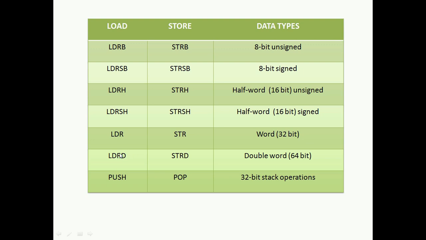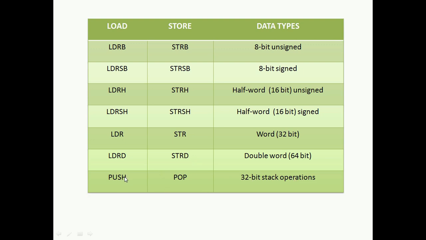Now if the suffix is capital D, it corresponds to double word, that is 64-bit, which is not supported by ARM Cortex M3. Next, push and pop operations are also considered as load and store instructions respectively, and these two are 32-bit stack operations, remember.